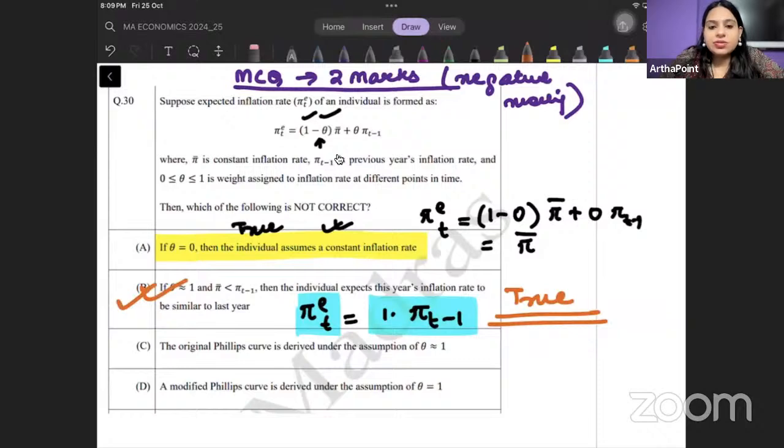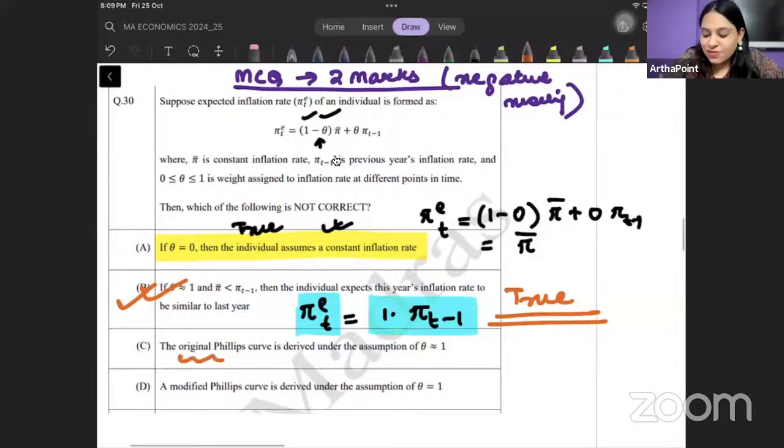What about statement 3? This is the most tricky one. This is what is confusing. Statement 3 is incorrect.